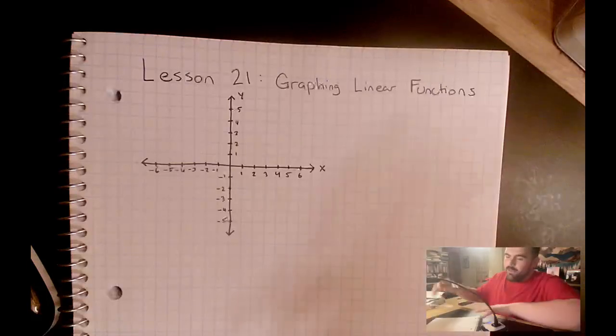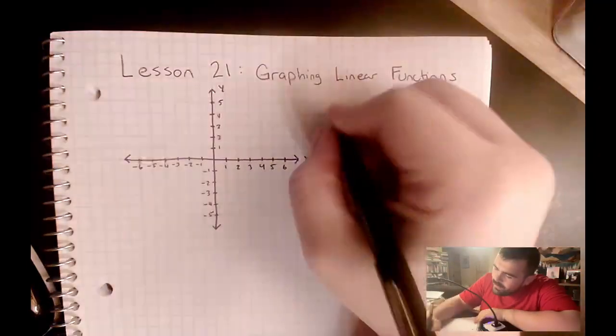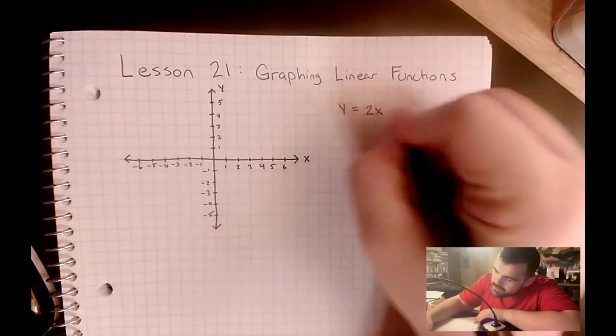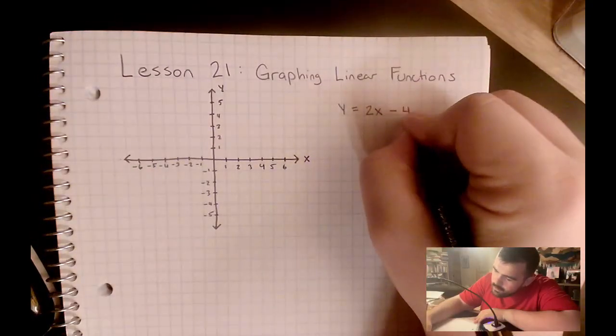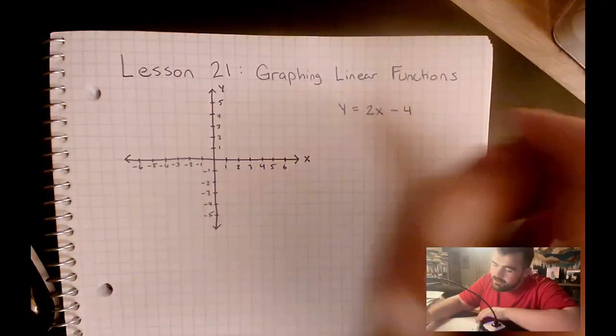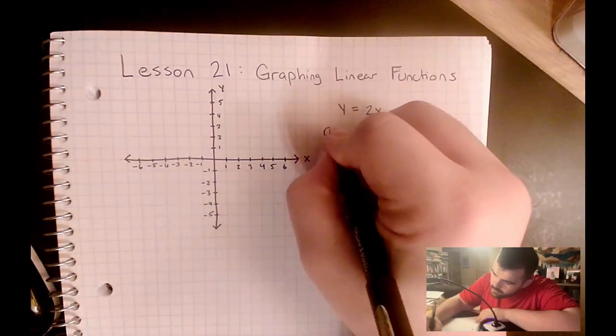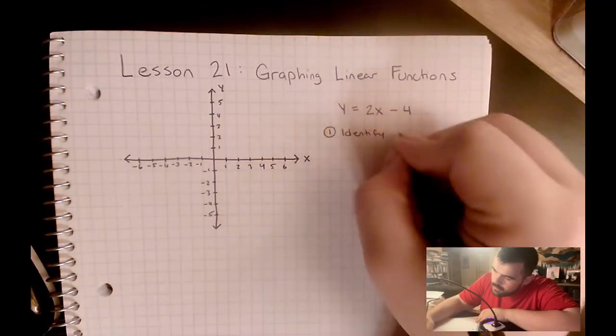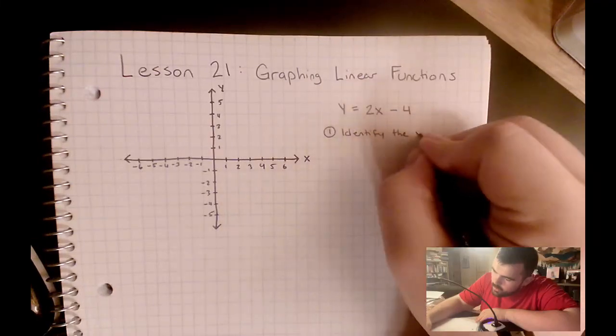Okay, but back to my graph paper. Let's say I want to graph y equals 2x minus 4. There's a couple of steps here. One is to identify the y-intercept.